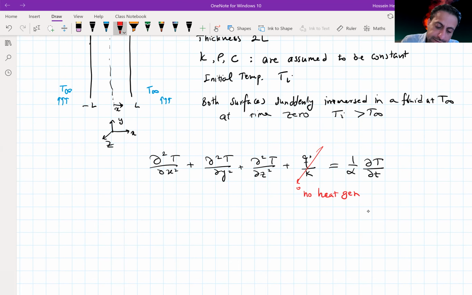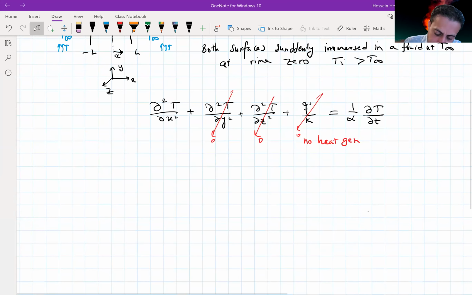And since the thickness is much smaller than the other dimensions in the y and z directions, we can assume conduction happens only in one direction. So we end up with the 1D diffusion equation.